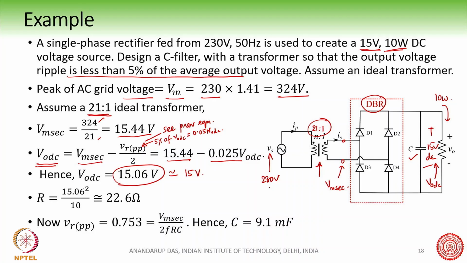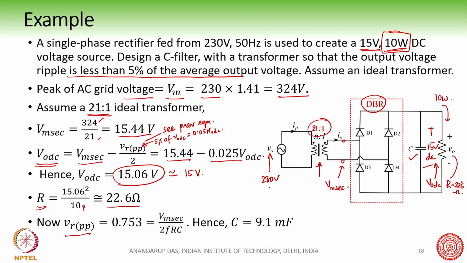Now we have also said that the power is going to be about 10 watt. So the load resistance R is about 22.6 ohm, because this is the voltage divided by the power here.